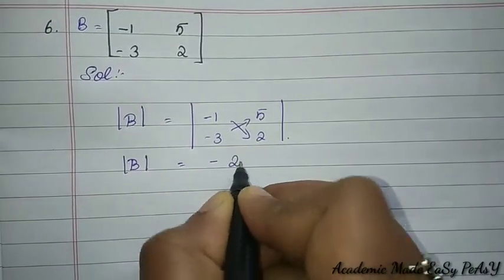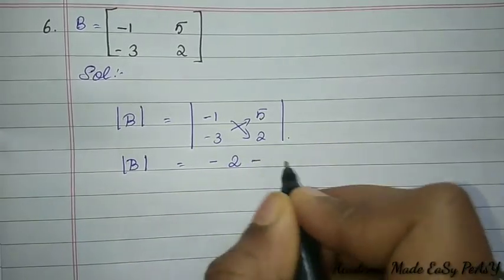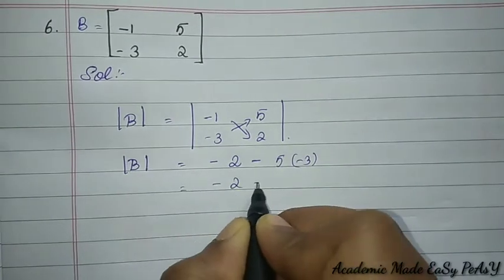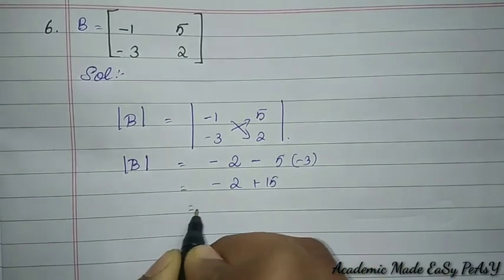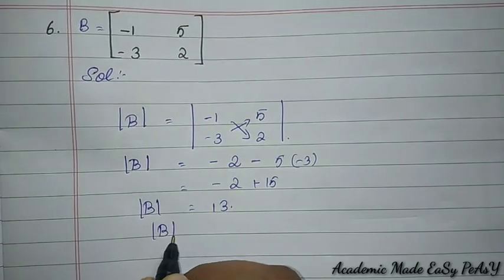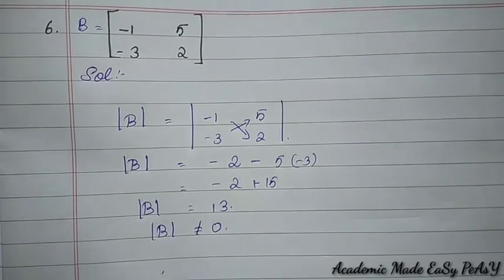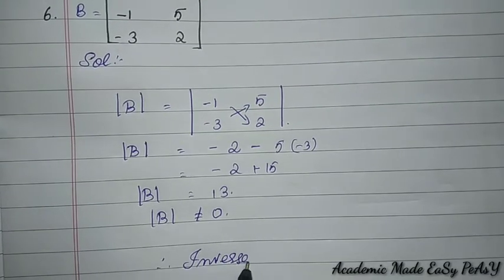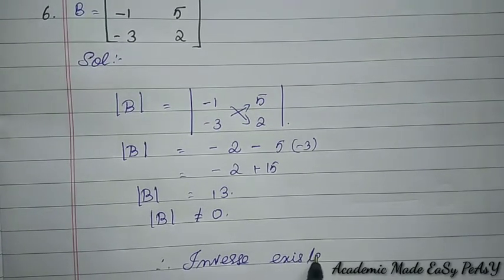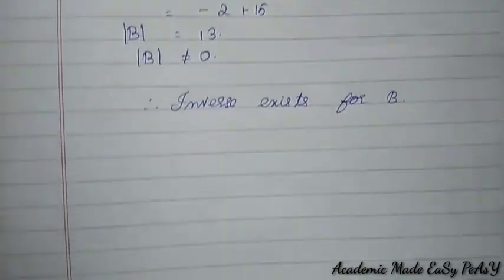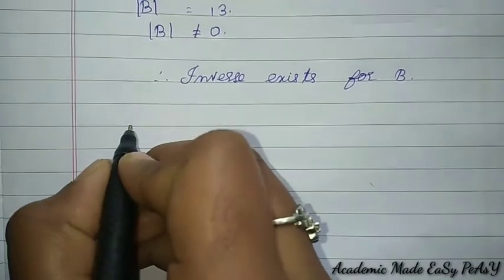So minus 2 minus 5 minus 3, so minus 2 plus 15, which is 13. So determinant B is equal to 13 and it is not equal to 0. Therefore inverse exists for matrix B.